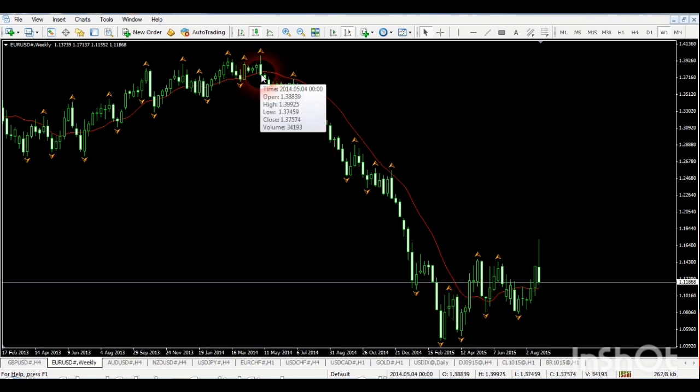Okay. The rule of moving average is when at least 2 of my candles are finished under my moving average, it means the third one has started working. I can do a sell position until the time that my trend line is swinging under my moving average.